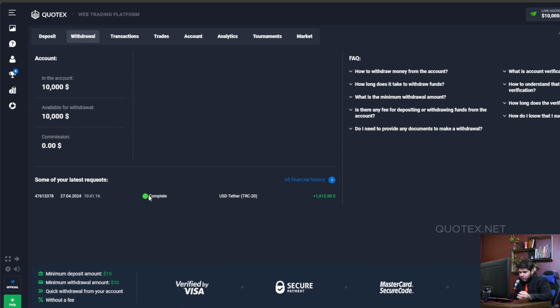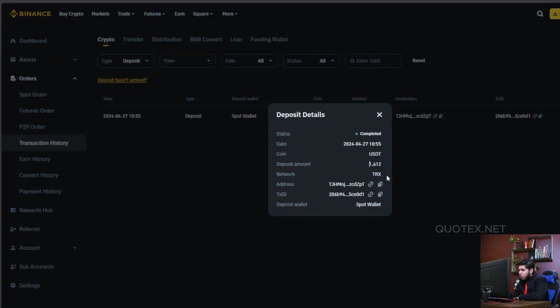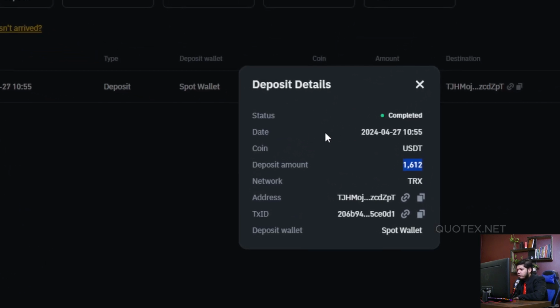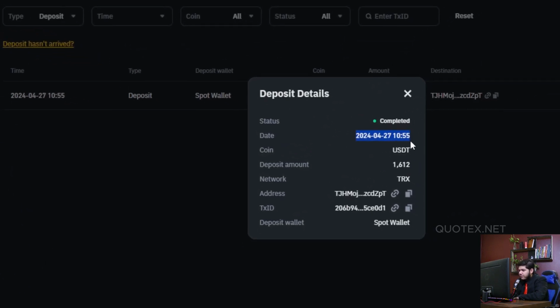Also, the USDT TRC20 I used, these are the dates, here is the token. So I have successfully withdrawn my amount without any commission or fees from this trading. And here you can see the amount that I have withdrawn, $1,612, successfully arrived in my Binance account. You can see it's completed right here.